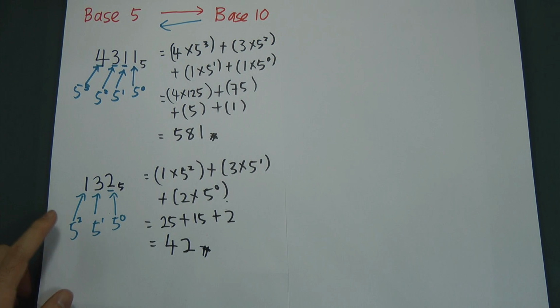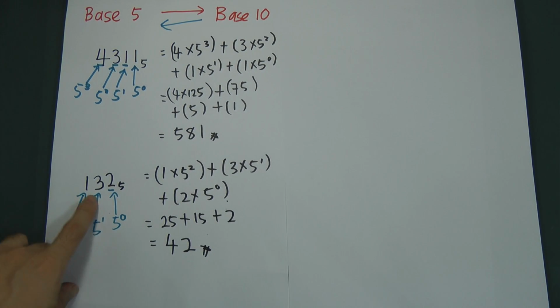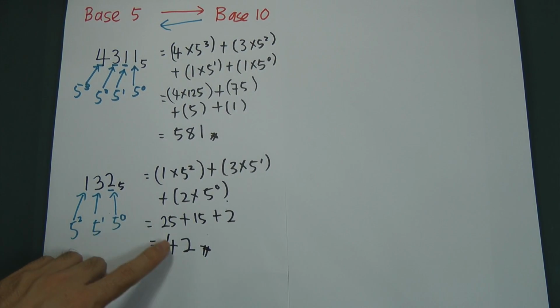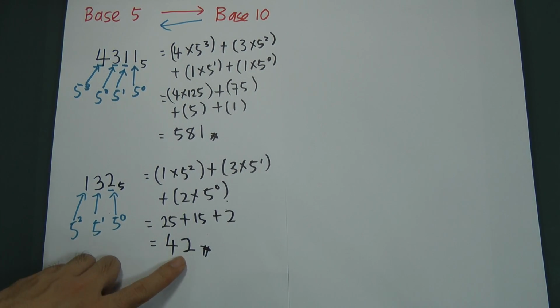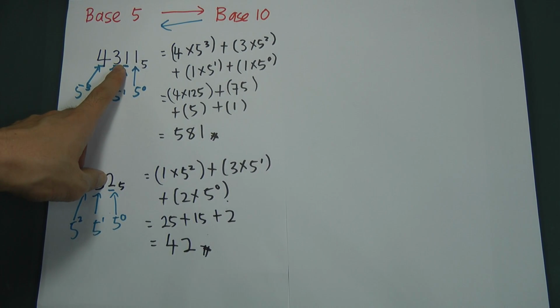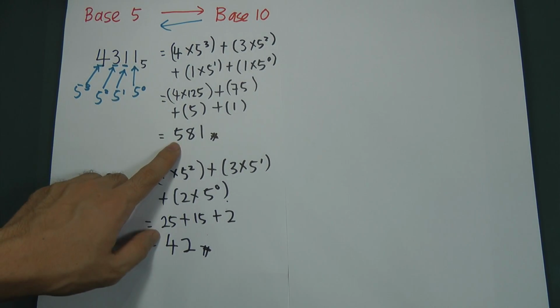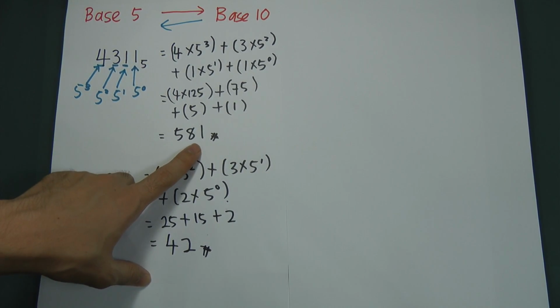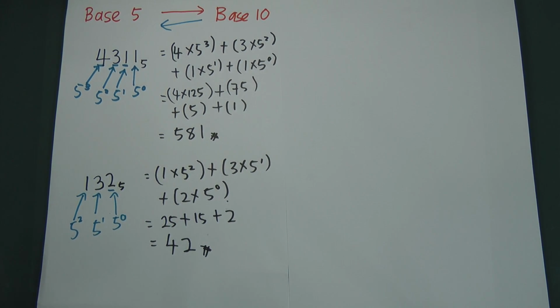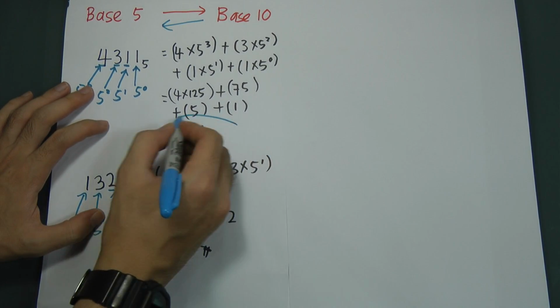Got it? It means 132 base 5 is equal to 42 in base 10. Like 4311 base 5 has the same value, 581 in base 10. Now, what if we already have a base 10 value?